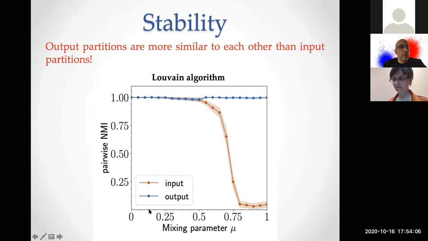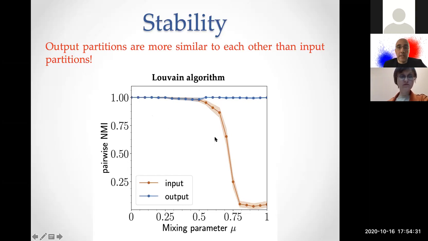So you have a set of benchmarks, you find a bunch of partitions, usually 20 partitions, you take any pair of partitions, you compute the normalized mutual information between any two of them, and then you average, and that gives you the brown line. And then you do our fast consensus clustering procedure, you get the output partitions, and you do exactly the same thing.